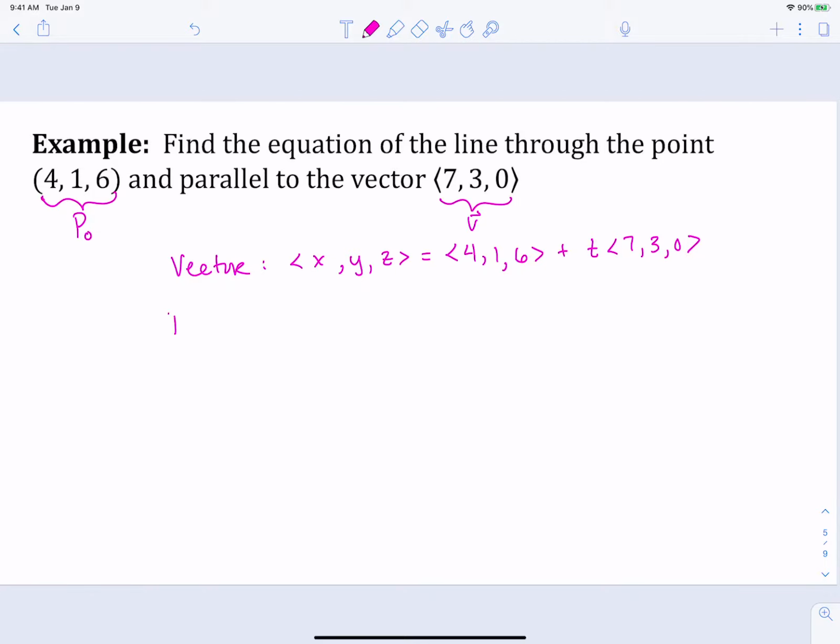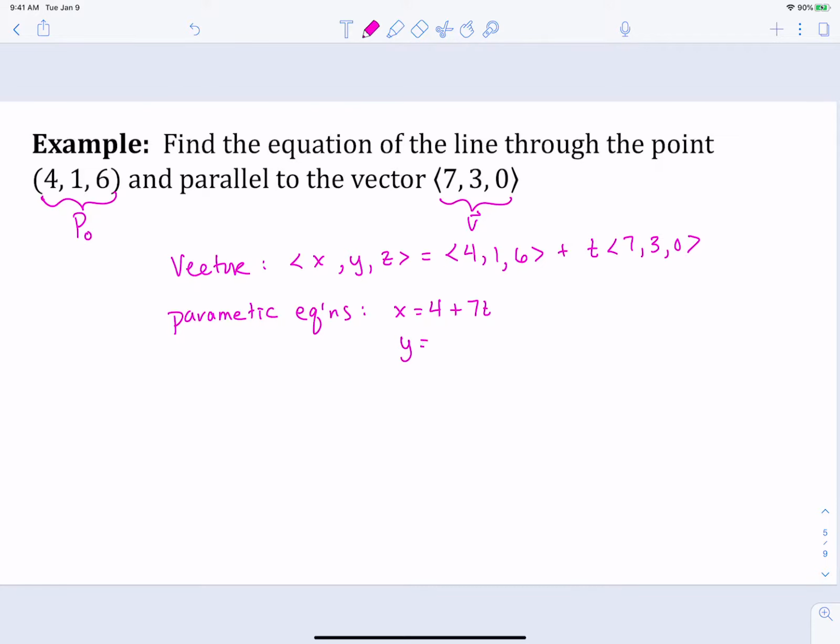That's the vector equation. The parametric equations are going to be splitting this up into the components. So we get to the x value by doing 4 plus whatever our scalar t is times 7.